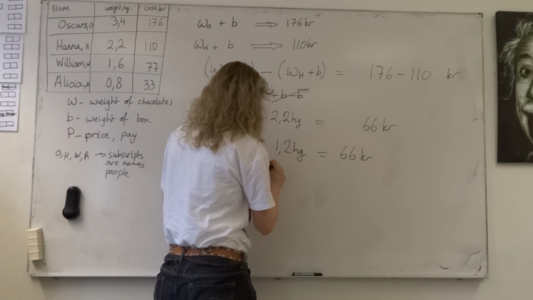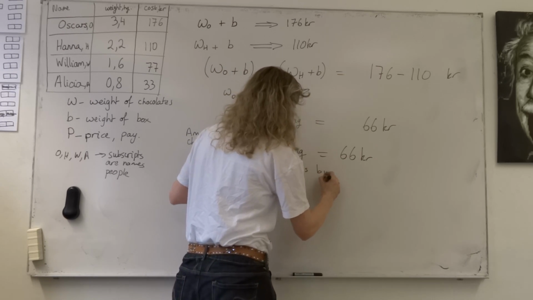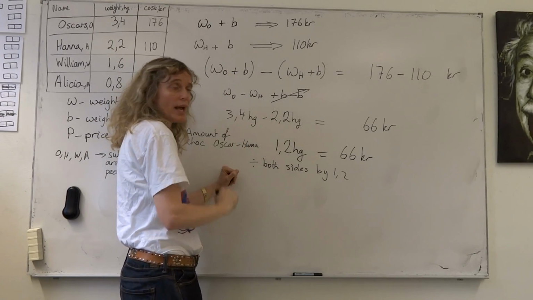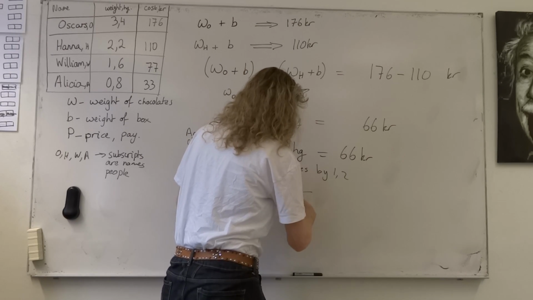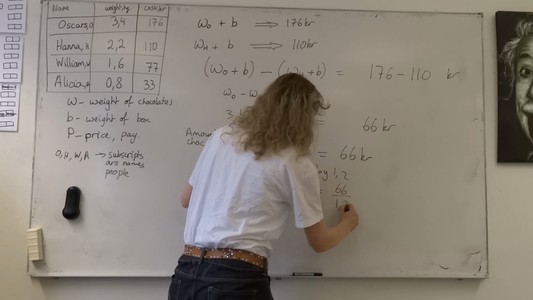Divide both sides by 1.2. We don't want to know what 1.2 hectos cost. We want to know what's the price for 1 hecto. We get 1.2 divided by 1.2 equals 66 divided by 1.2.